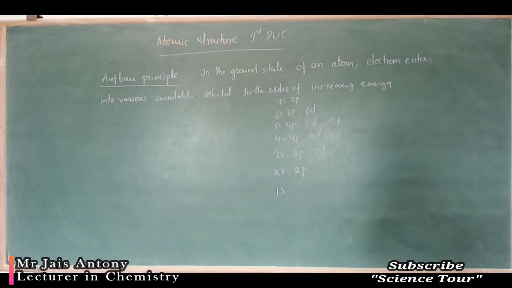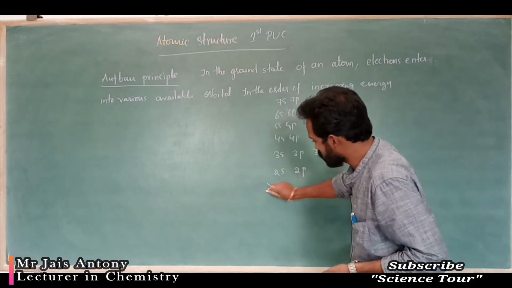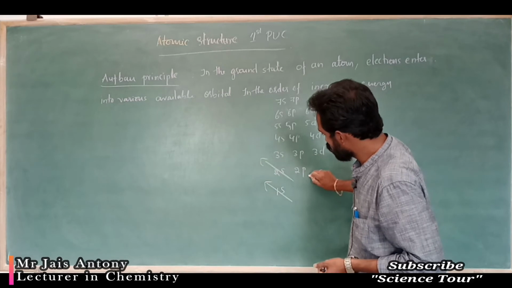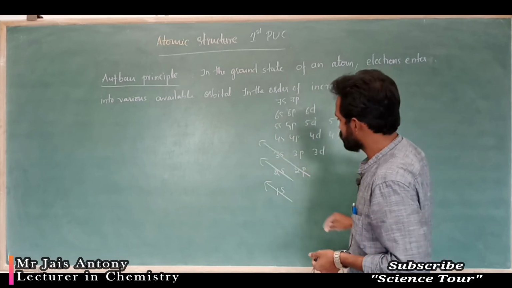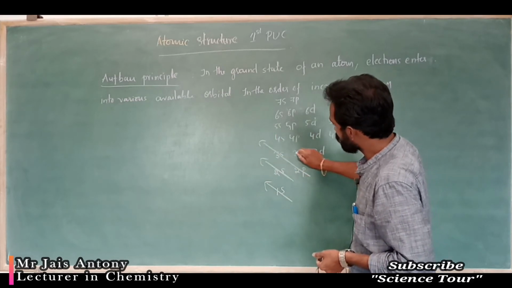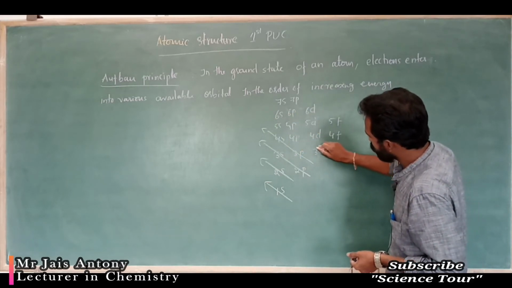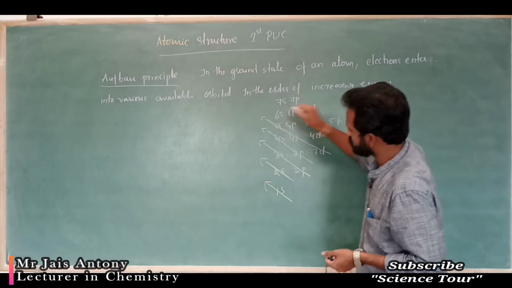So I'll show you here, my dear students. Look at this. Here 1s fills first, then 2s, then 2p, after that 3s, then 3p, after that 4s, then 3d, after that 4p, then 5s.